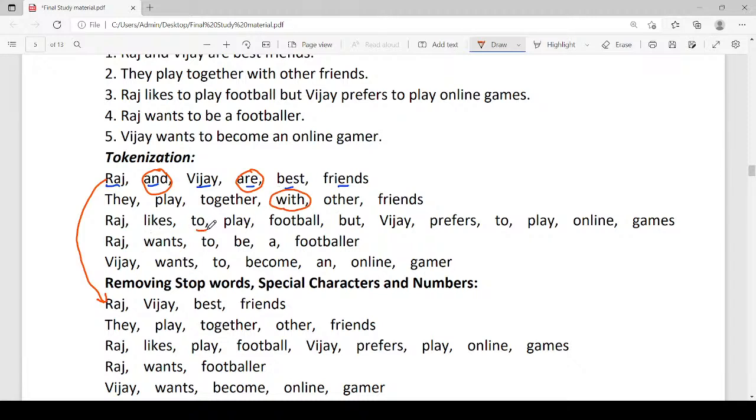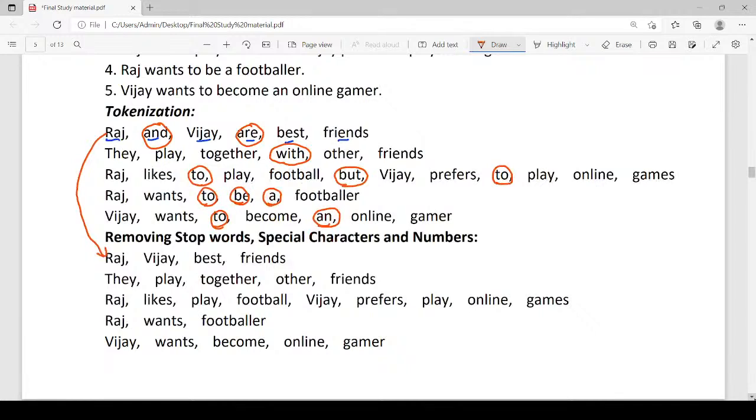Raj likes to, to is a stop word. Play football, but is a stop word. Vijay prefers to, to is again a stop word. Now in the next line, to, be, a. All these are stop words which I am trying to remove. The last one, to, and. These are stop words which I have removed. So you will find that this is what is happening in the removal of stop words, special characters and numbers.